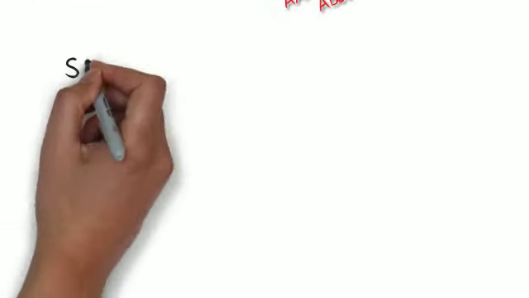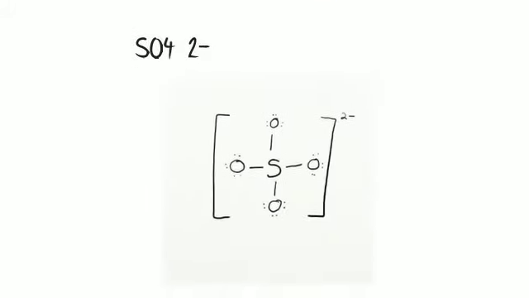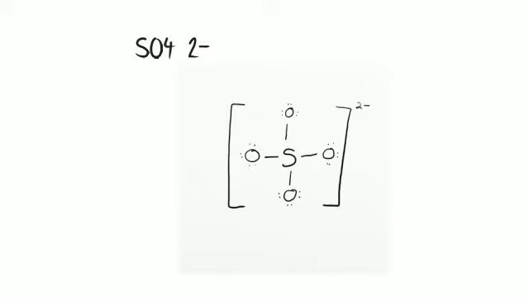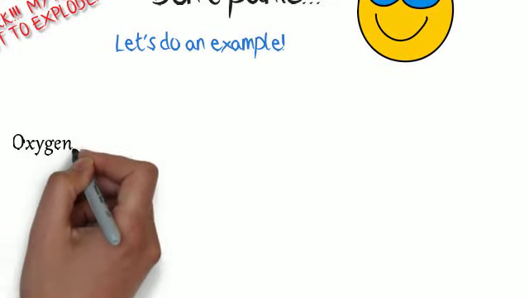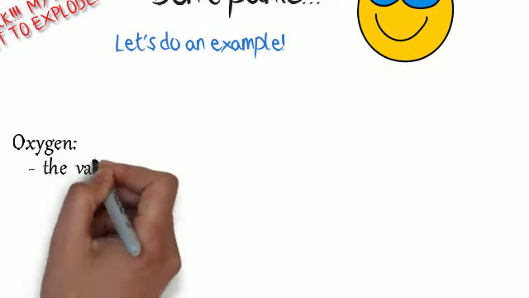All right, I'm going to ask you to pause and copy this down, so you have it on your paper so you can refer to it. This is sulfate with a -2 charge. So let's figure out the formal charge. First, we're going to do oxygen.